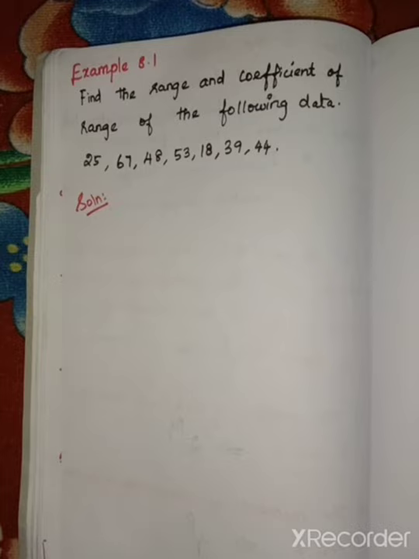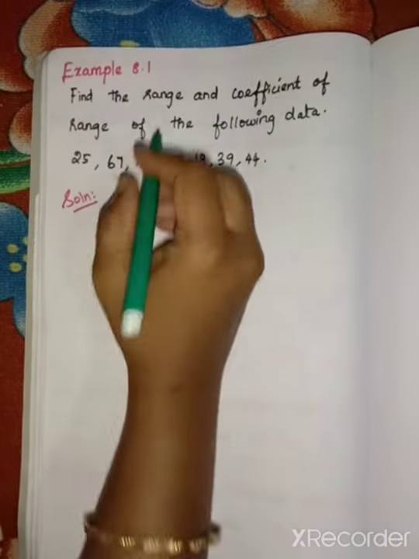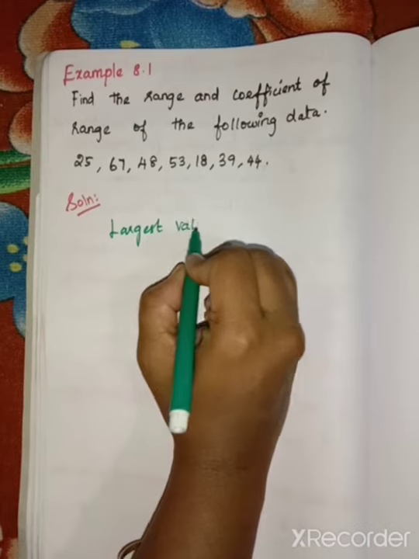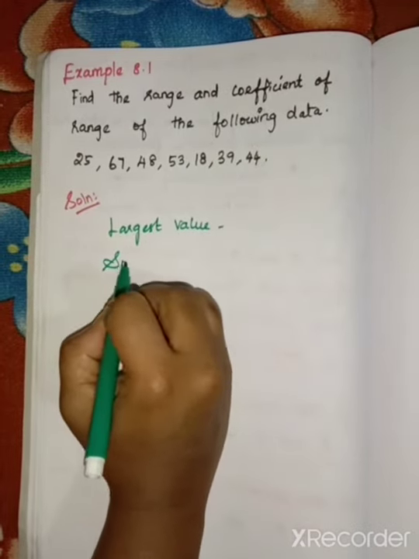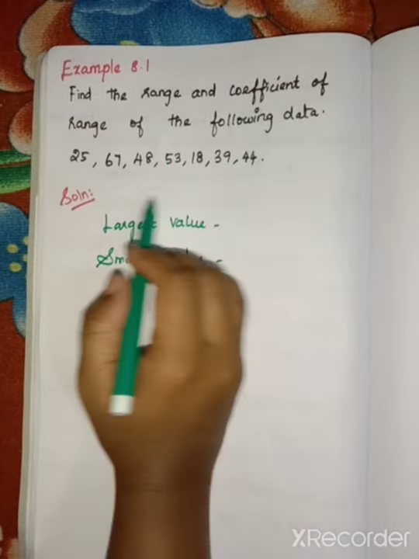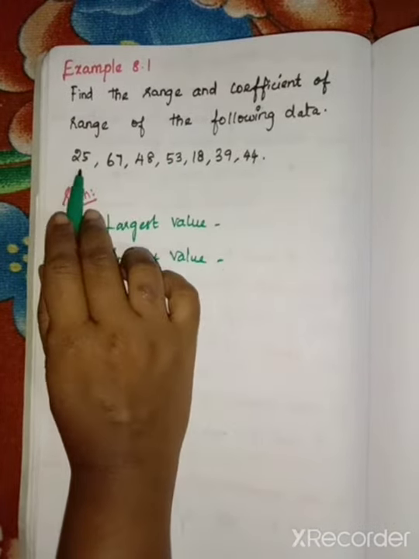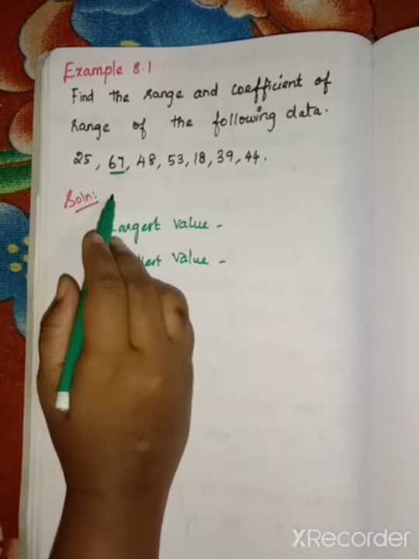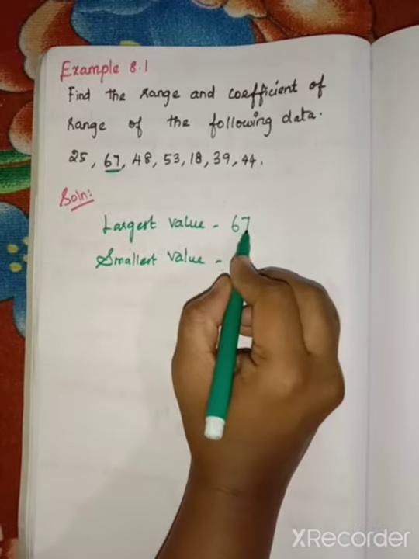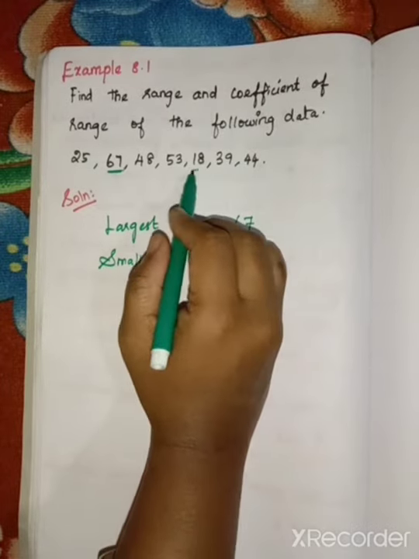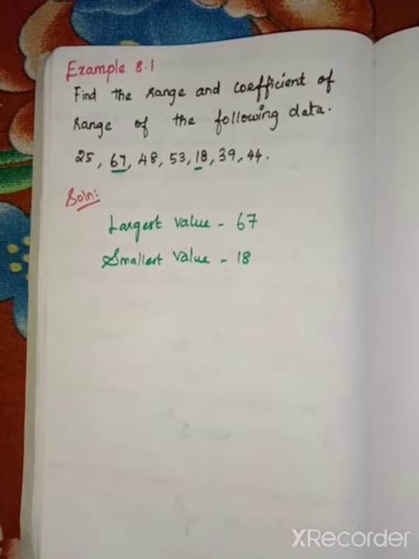Here the largest value is, if you see, 25, 67, 48, 53, 18, 39, 44, so 67 is the largest value. Which one is the smallest value? That is 18.